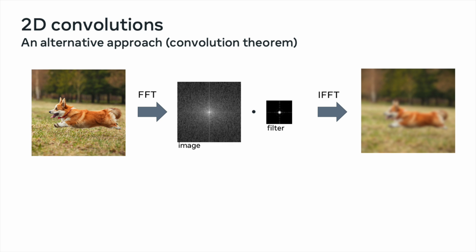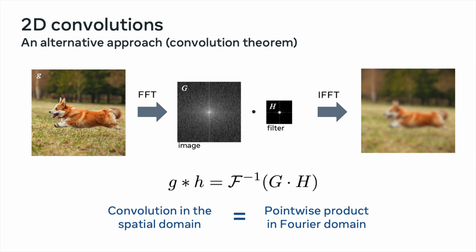And that is your convolved image. The same thing we saw before, but done very differently. And the convolution theorem basically states that a convolution in the spatial domain is equal to a pointwise product in the Fourier domain. So in many cases, it's much more efficient to do a convolution in the Fourier domain than it is in the spatial domain.